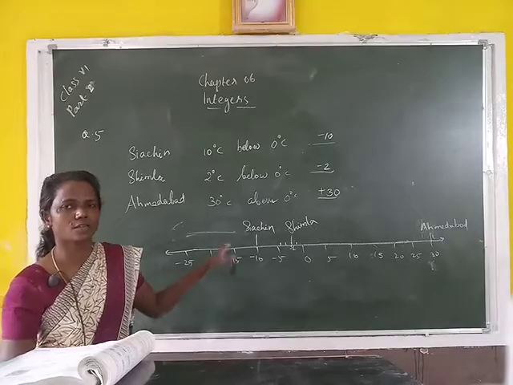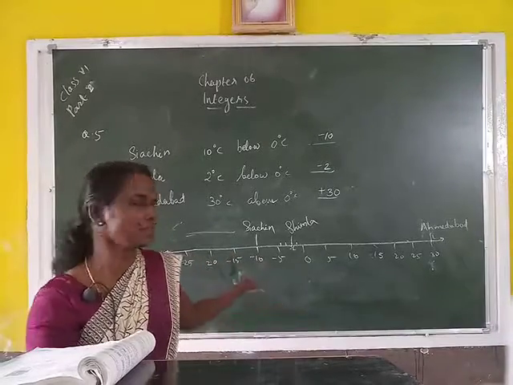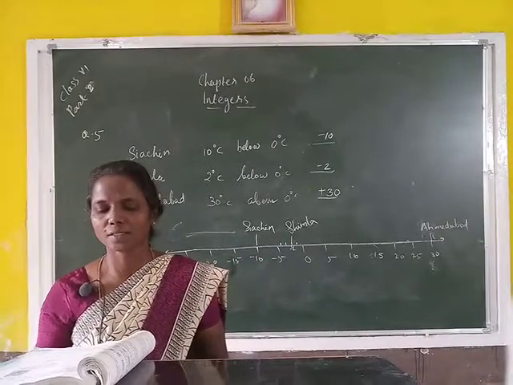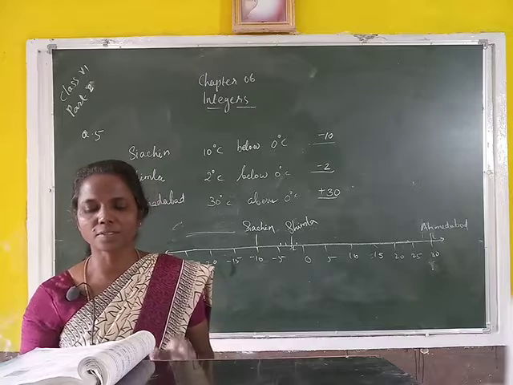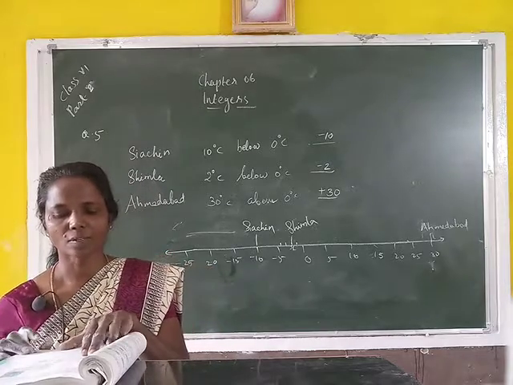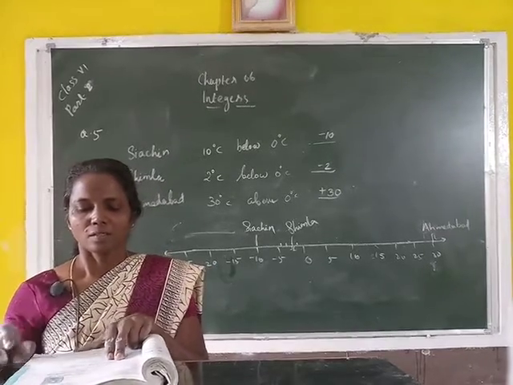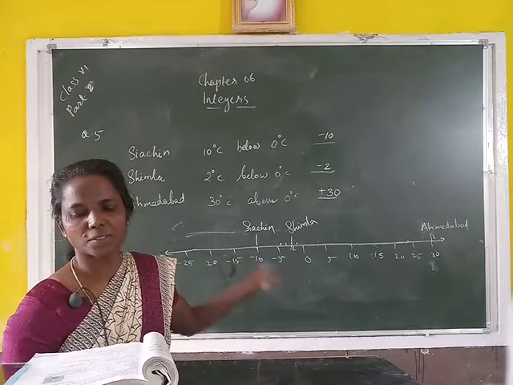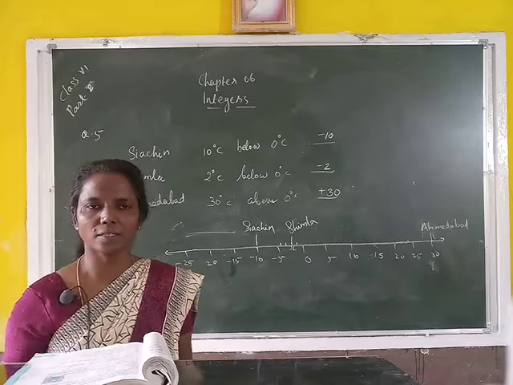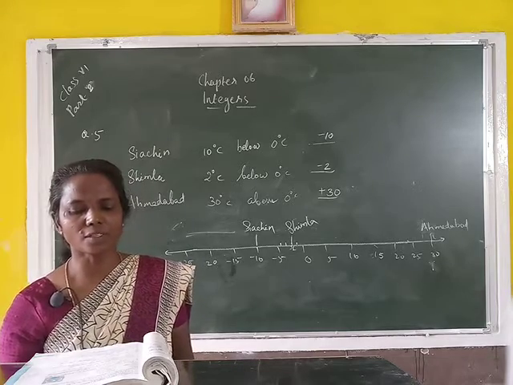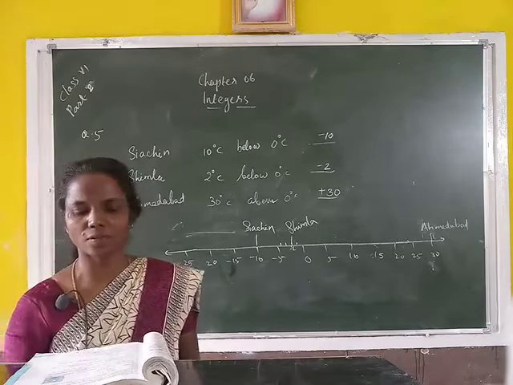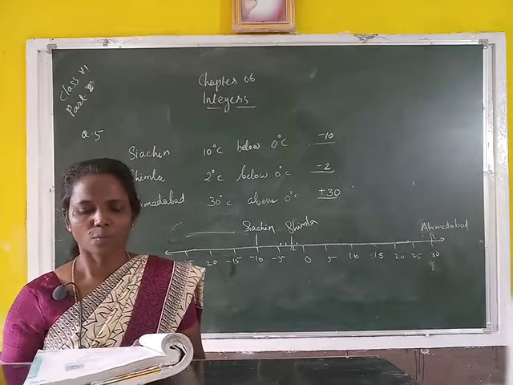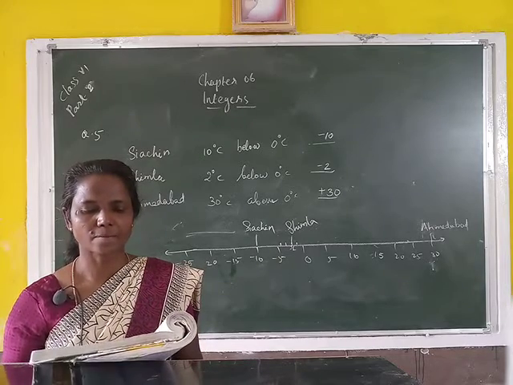Do you understand how to write its answer? Likewise, you write its answer. The next question, from this number line you find out the second question C. Which is the coolest place?